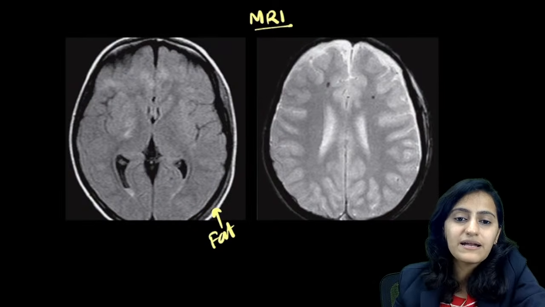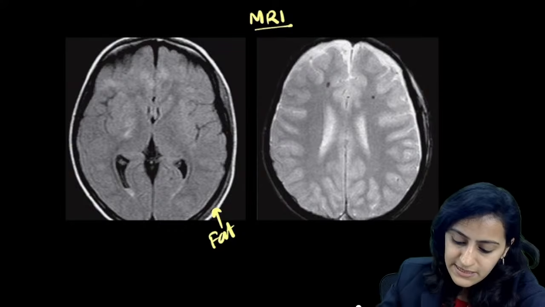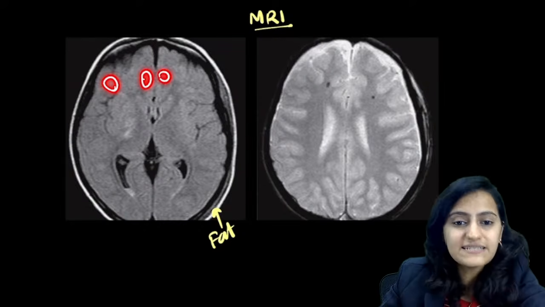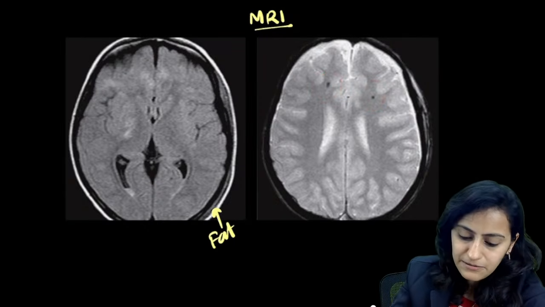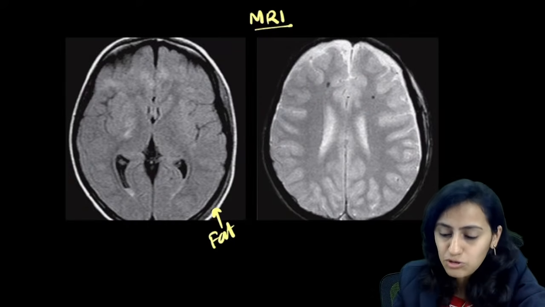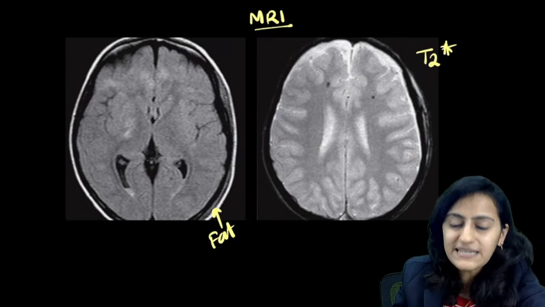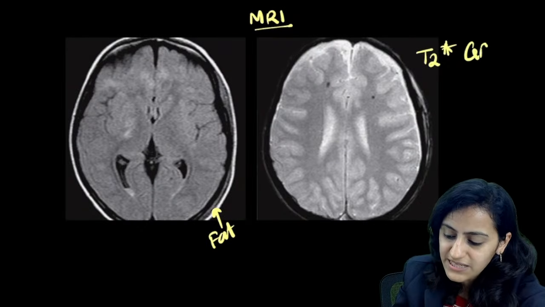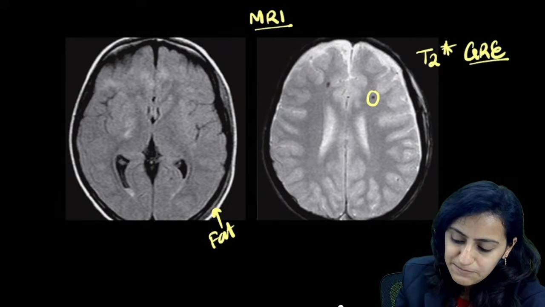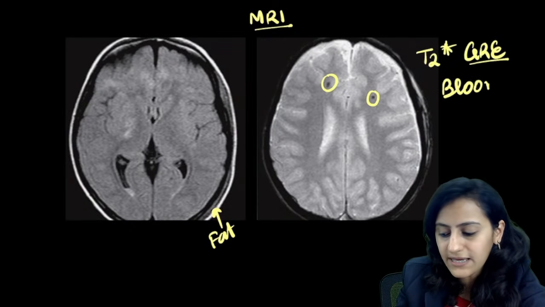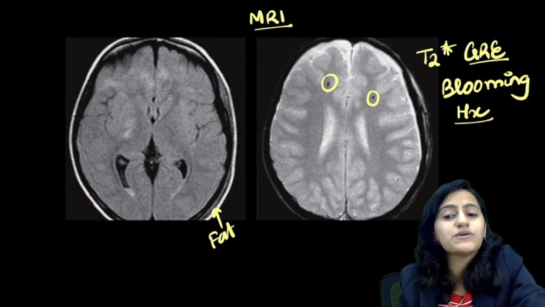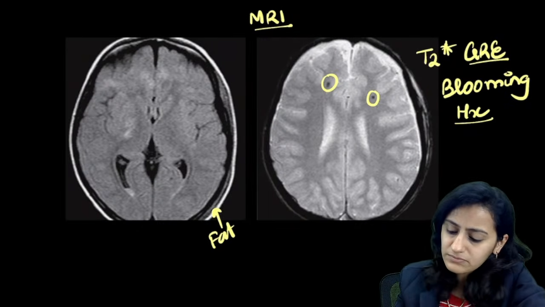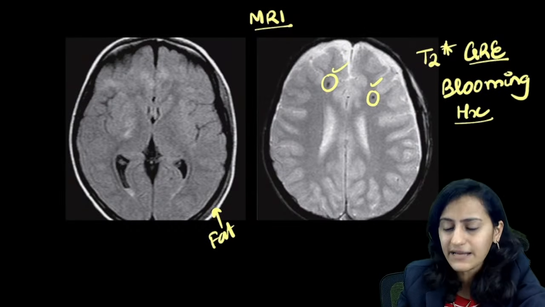So this is MRI and this is a FLAIR sequence where you see those hyperintense areas in the brain. This is the black area in the brain which looks like a T2 weighted image. This is basically a T2 star image, a GRE image, which shows these black areas called areas of blooming, and they represent hemorrhage.